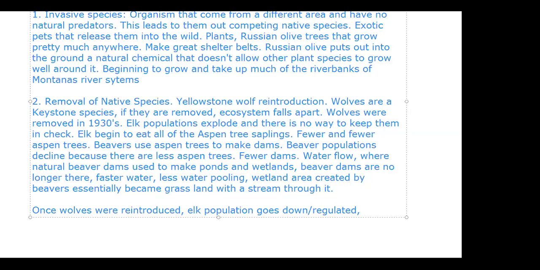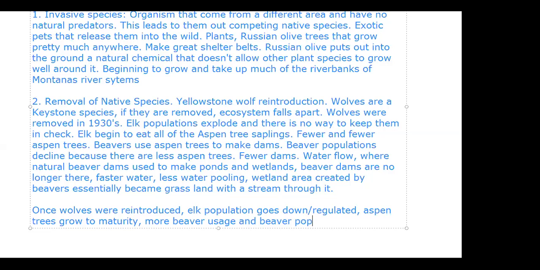What happens to the aspen trees? All of the saplings don't get eaten so they can grow. Yeah, exactly. So aspen trees grow to maturity. Okay, once the aspen trees grow to maturity, this allows for more beaver usage, and the beaver population rebounds.